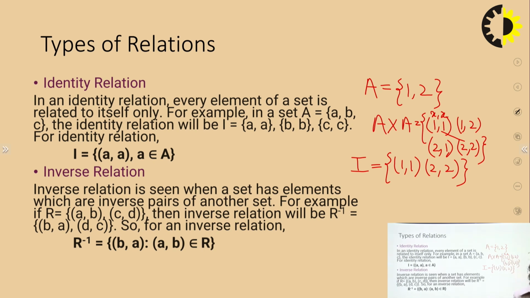Next we have inverse relation. So what is this inverse relation? Suppose I have a relation R for the same example. I have a relation R which contains the ordered pairs (1, 2), and suppose (1, 1).